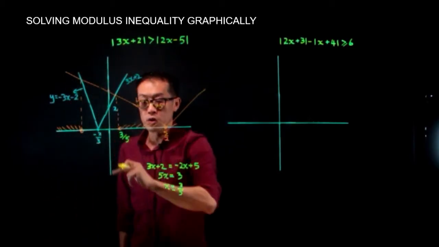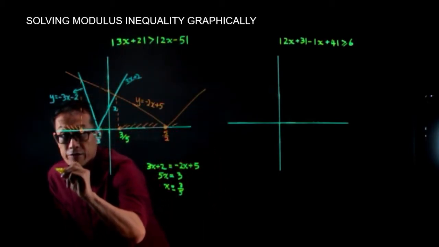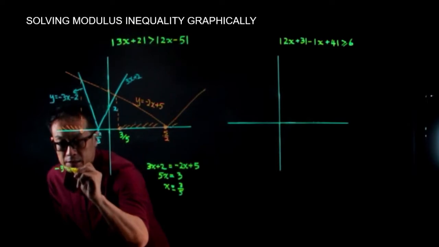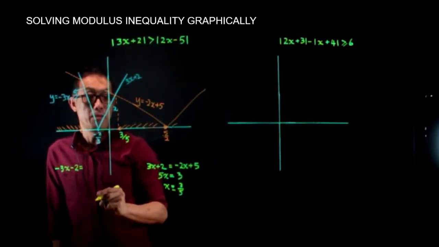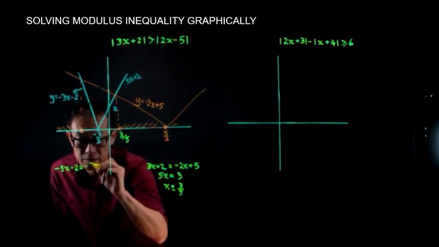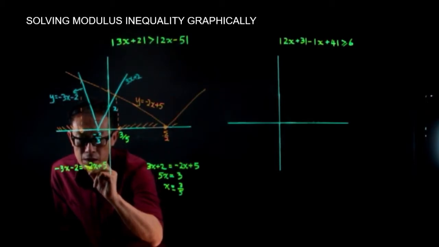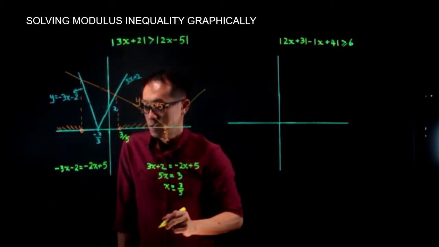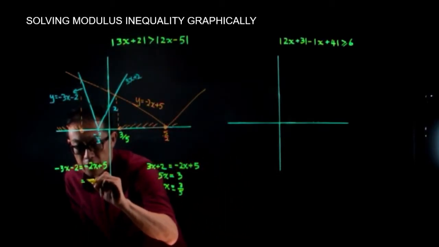Now let's find the coordinates of this point. You have minus 3x minus 2 equals minus 2x plus 5. Okay, plus 3x on both sides, you got x.